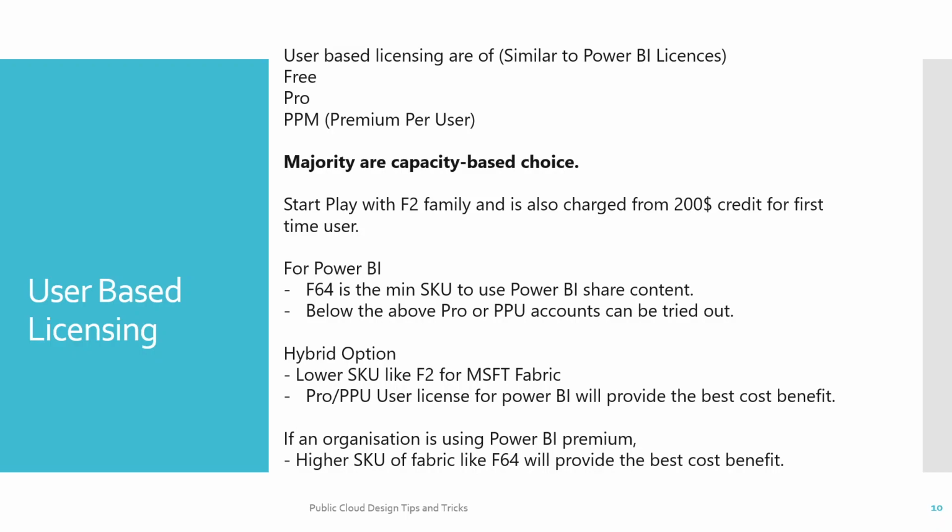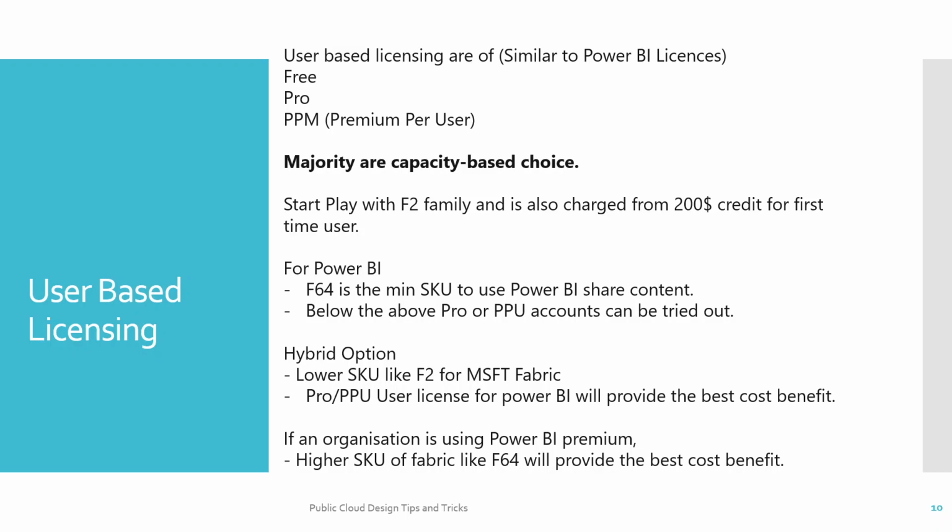If you're using below F64, then you have to go for an embedded one, the Power BI basically. So this is more for a cost benefit when you have a workload where you need an existing Power BI license and also a Fabric license. Then you have to choose accordingly, and that is how it looks.